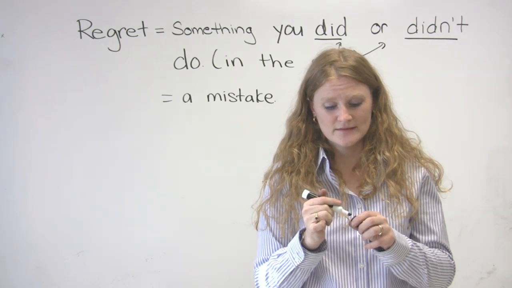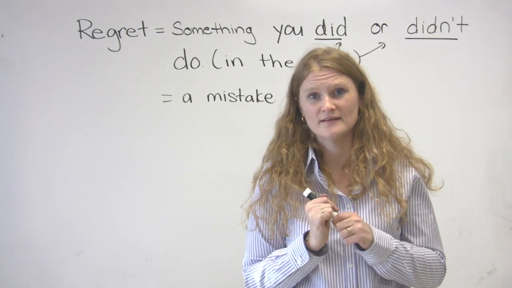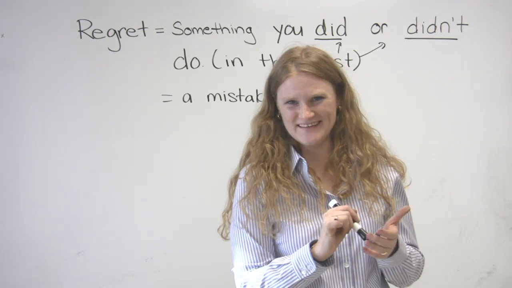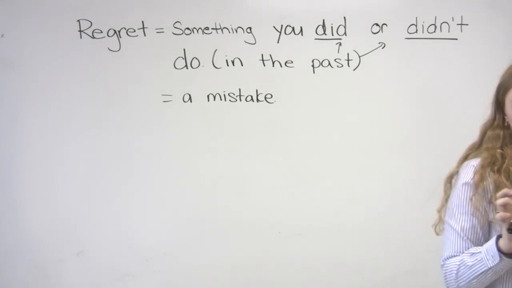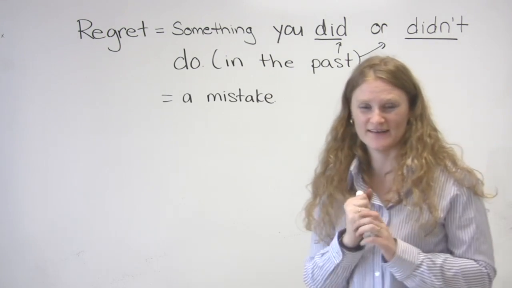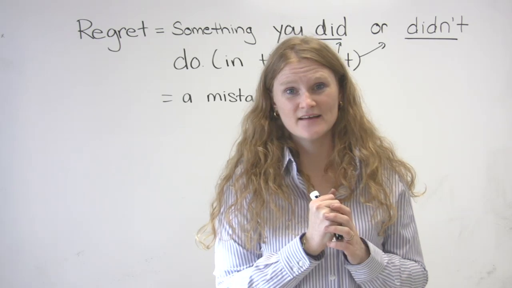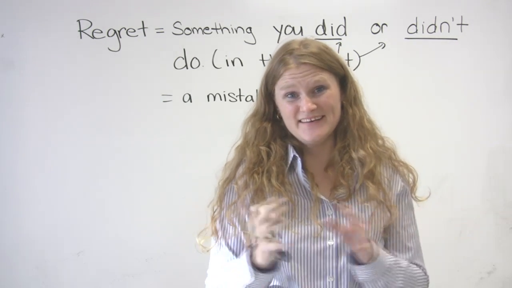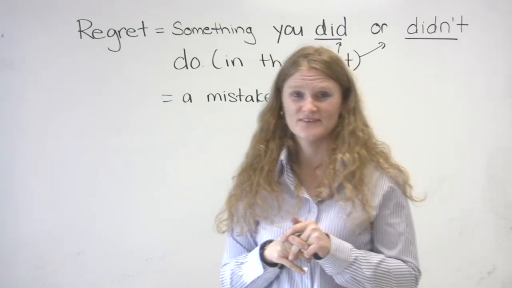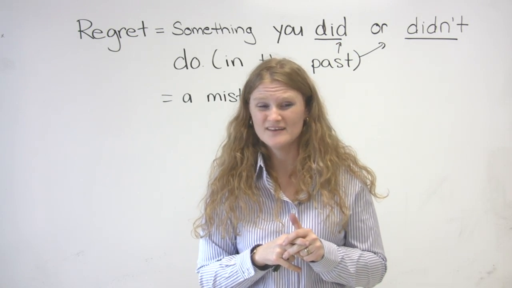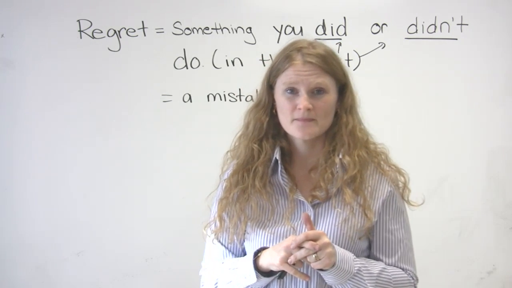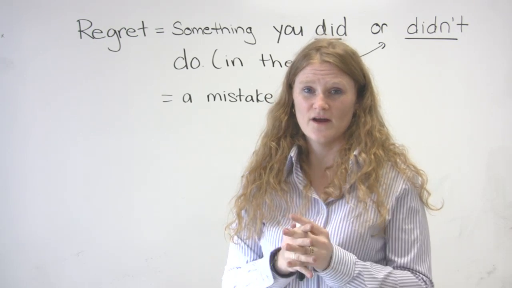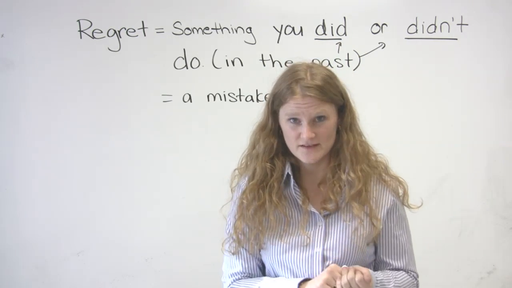For example, when I was in university, instead of studying, I went to the bar and I drank. The next day, when it came time to write my test, I didn't know any of the answers. So I didn't do too well in the test.